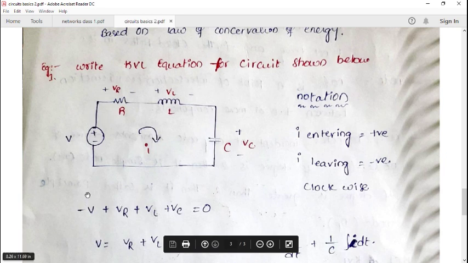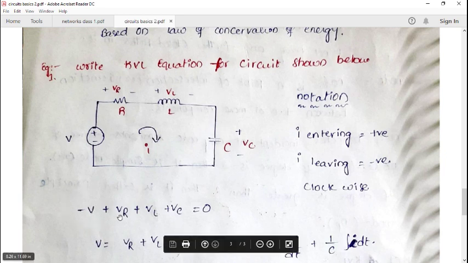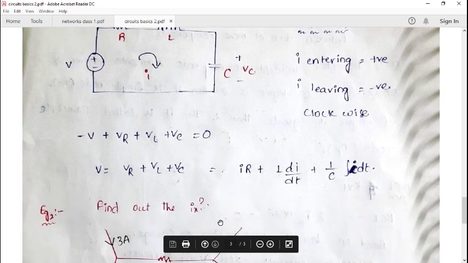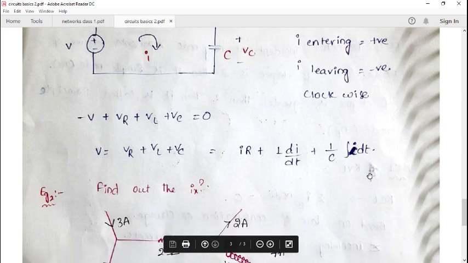So the algebraic sum: current leaving here, entering here, and then entering here, and then entering here. So algebraic sum is minus V plus VR plus VL plus VC equal to 0. This is the equation. When we solve this, these come from Ohm's law. VR equal to IR, VL is equal to L di by dt, and VC is equal to 1 by C into integration of I dt.